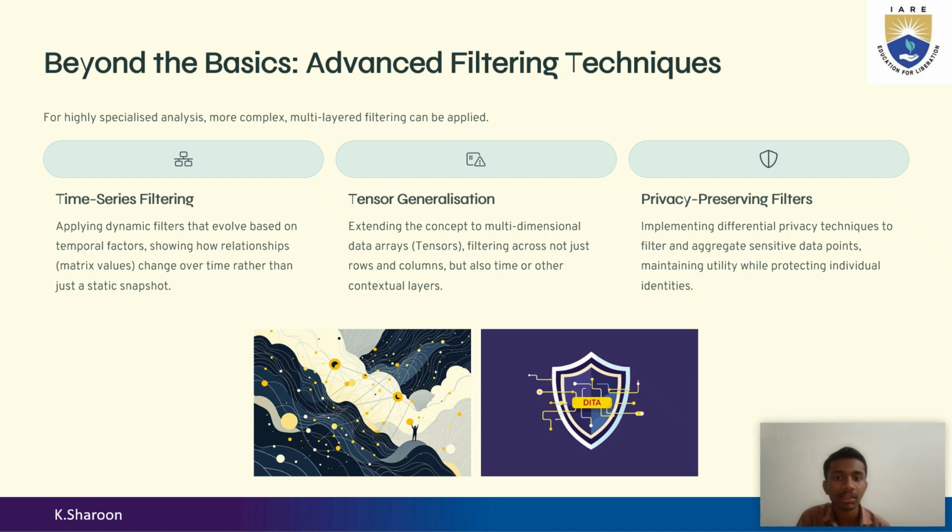And tensor generalization, extending the concept to multidimensional data arrays or tensors, filtering across not just rows and columns, but also time or other contextual layers. Privacy preserving filters, implementing differential privacy techniques to filter and aggregate sensitive data points, maintaining utility while protecting individual identities.